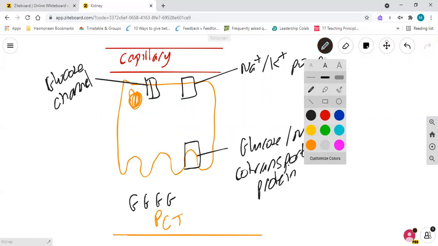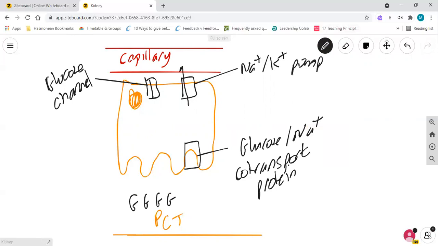So the first thing that's going to happen is that the sodium ions are going to be pumped out of the columnar epithelial cell by active transport. And that's important.